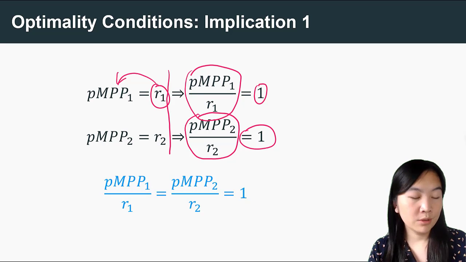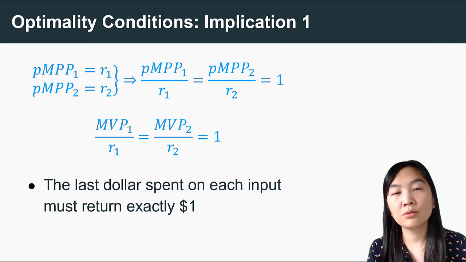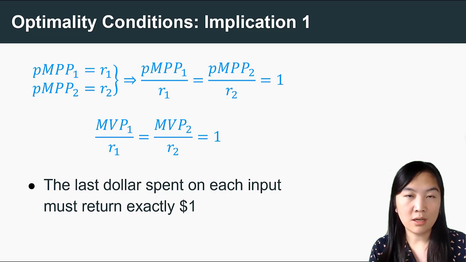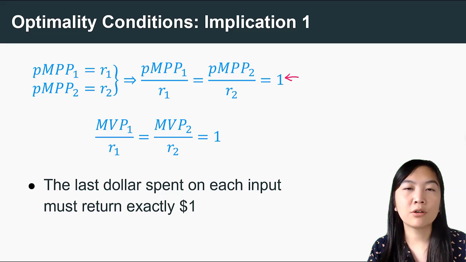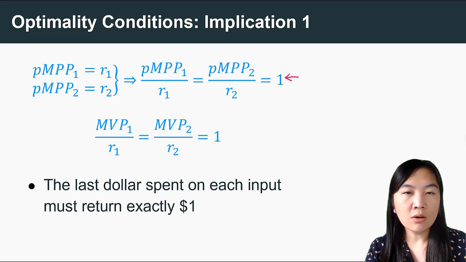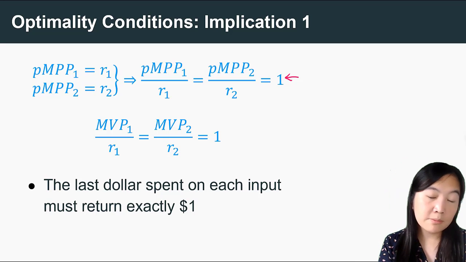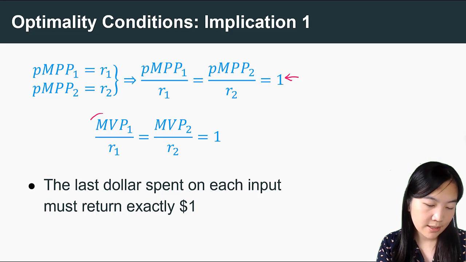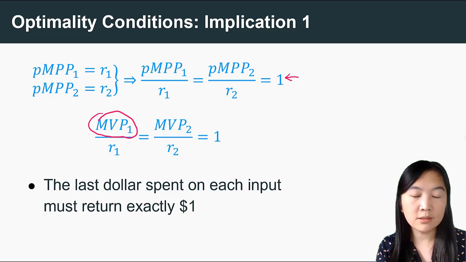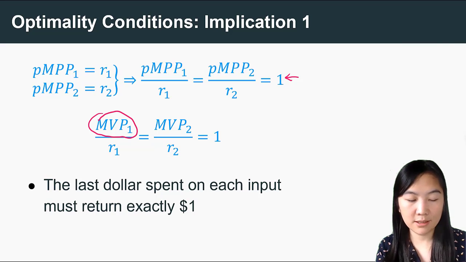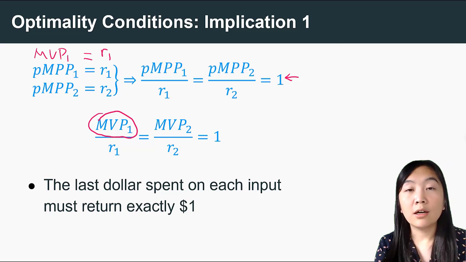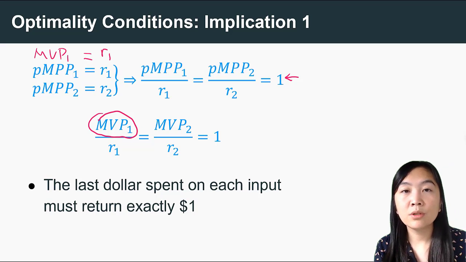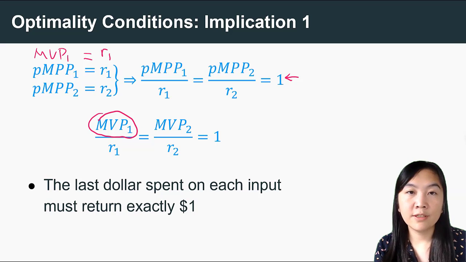How do you interpret those two conditions, or the one condition if we reorganize the terms? P times MPP1 is just MVP1, the marginal value product. And from here, we know the marginal value product for input 1 is equal to the price of input 1.